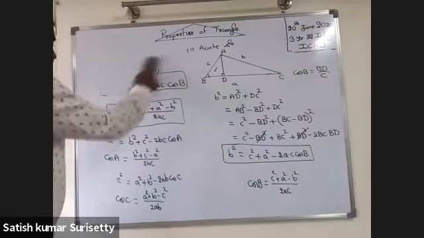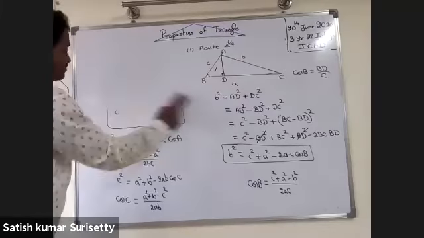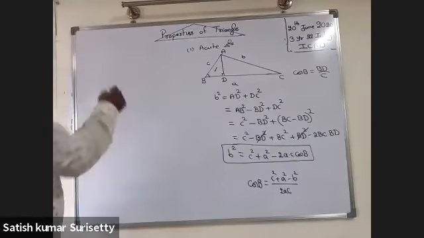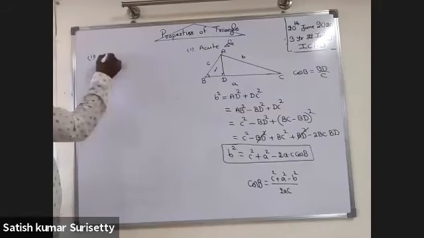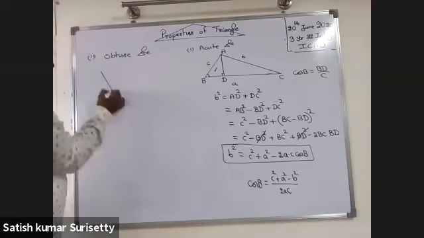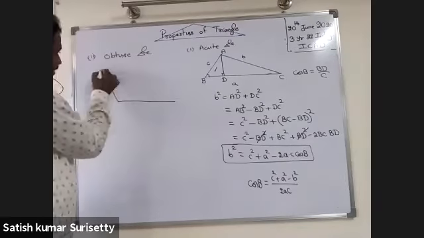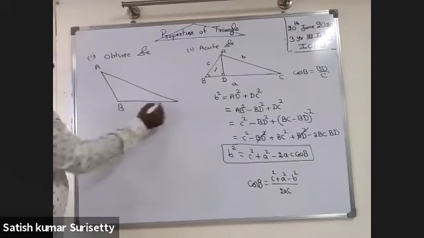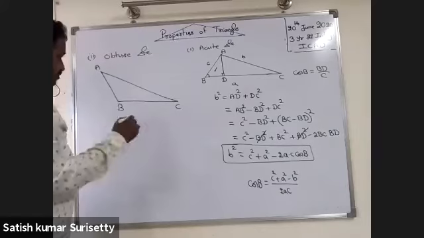Second case. What is the second case? Obtuse triangle. Exactly in the same manner you can do it. A, B, C, where angle B is obtuse.